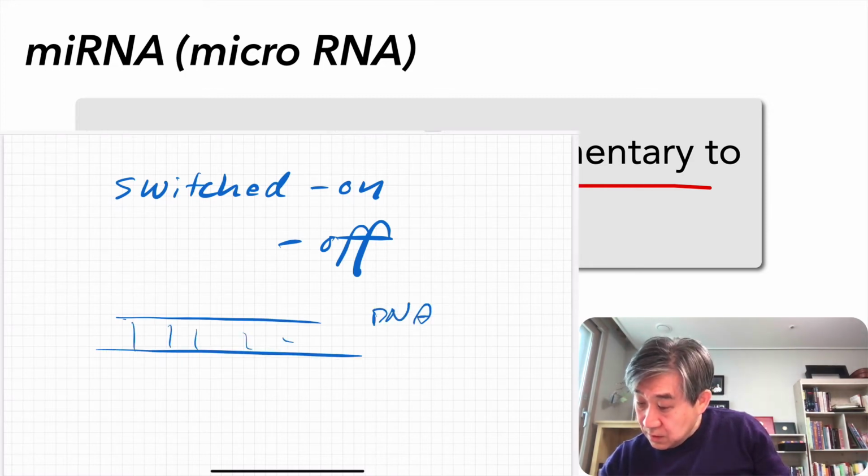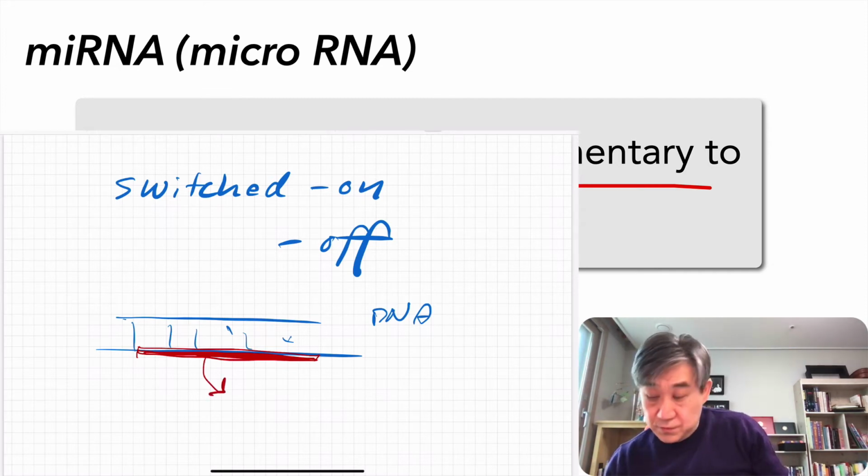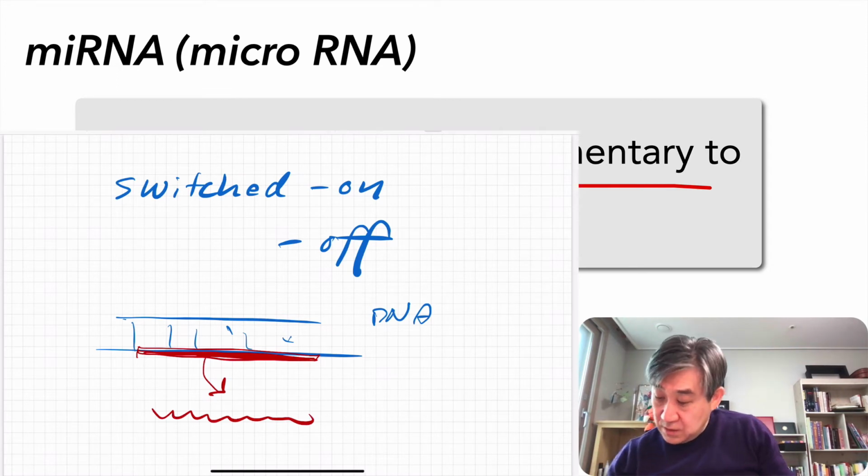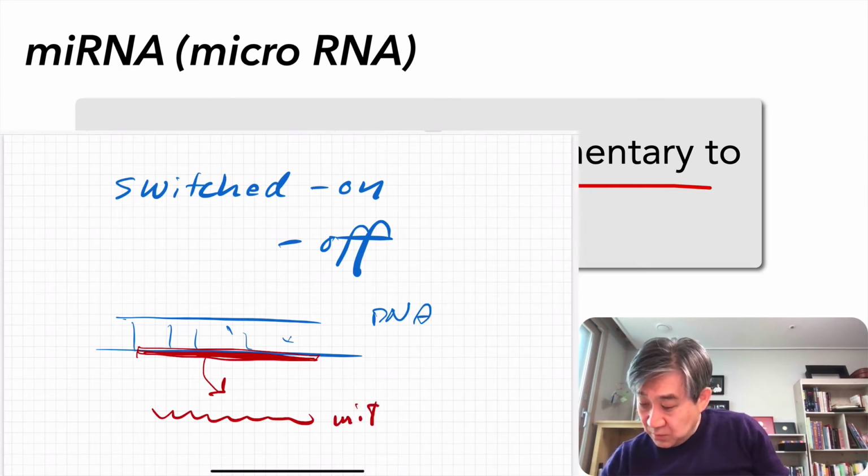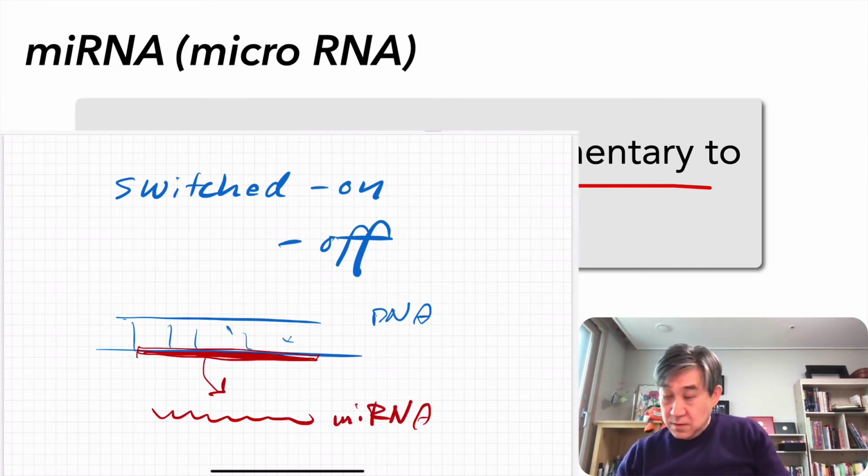Let's say this bottom strand will be copied, so the complementary to this bottom strand is made in the form of microRNA.